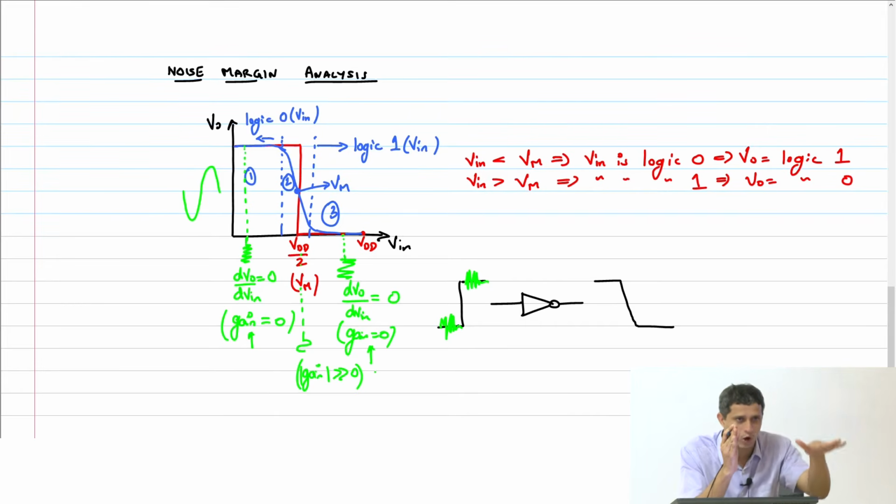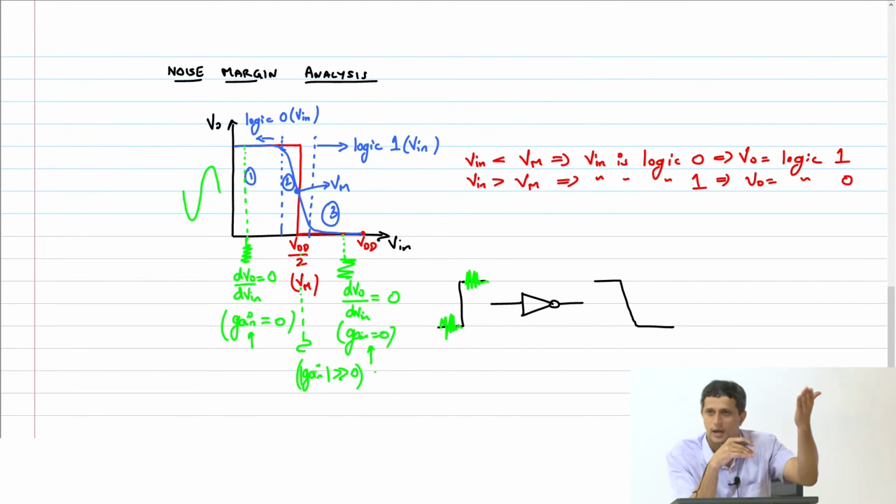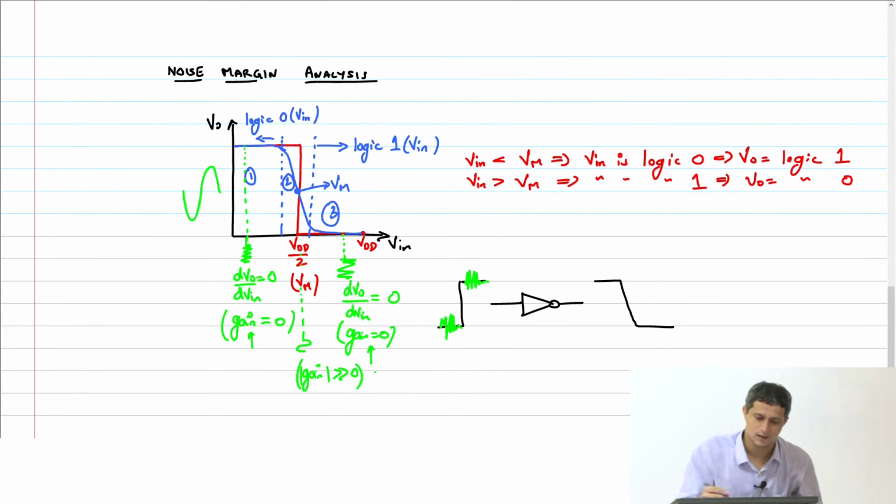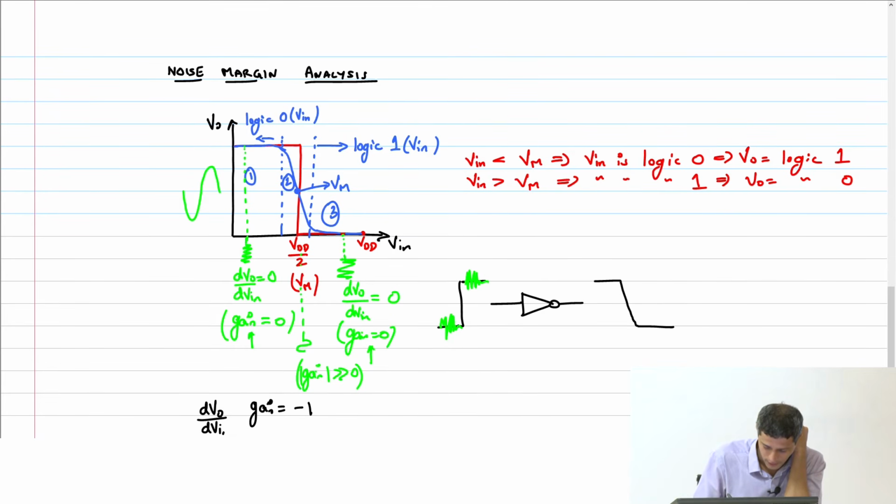of which noise gets attenuated, to the right of which noise gets amplified for the low level. For the high level, right of that noise gets attenuated, left of it noise gets amplified. Therefore, the region of importance is really when gain equals -1, that is dV out by dV in equal to -1.